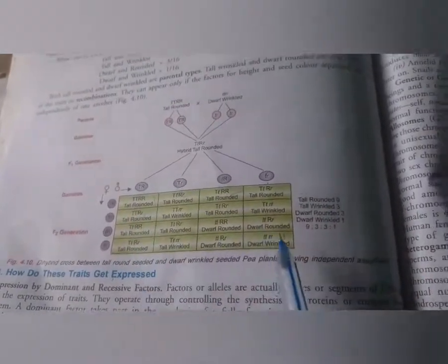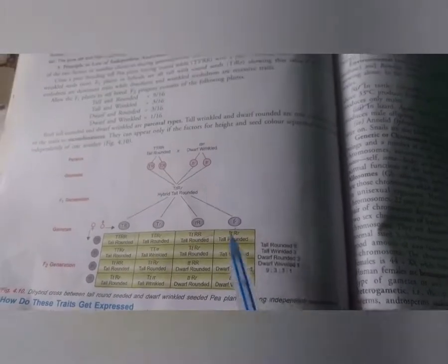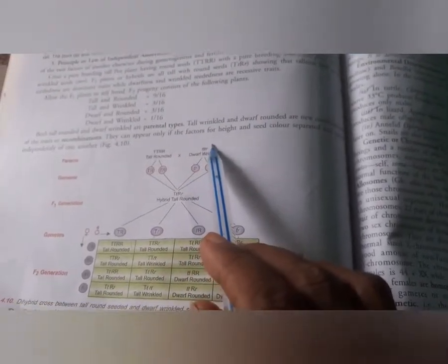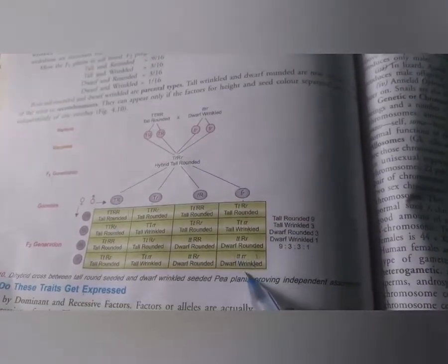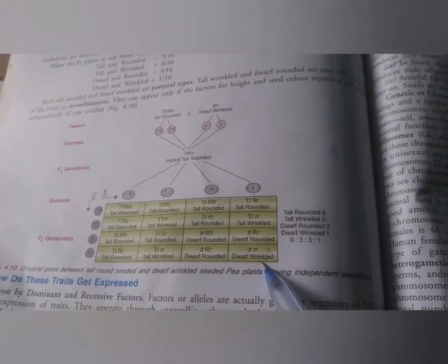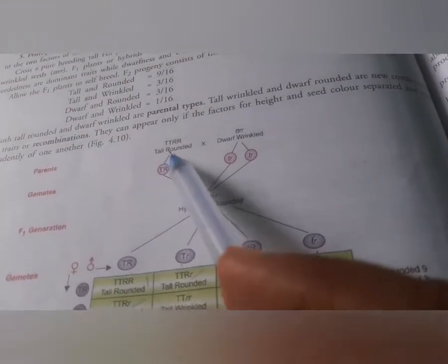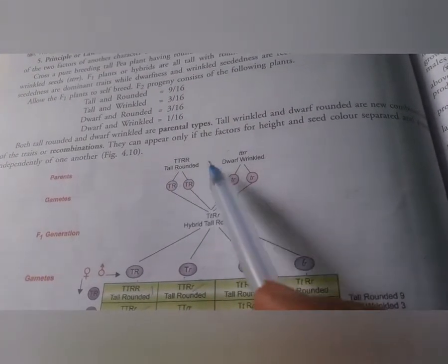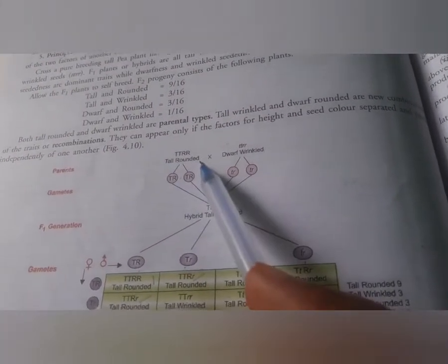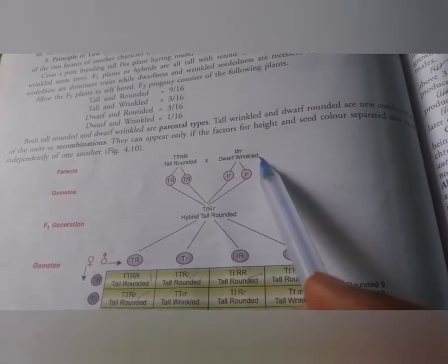So lastly we can see here the TTRR, but the main point comes here and lastly it produces. Okay, so in this cross we can see that the tall rounded are the dominant character or dominant individual over the dwarf wrinkled individual.